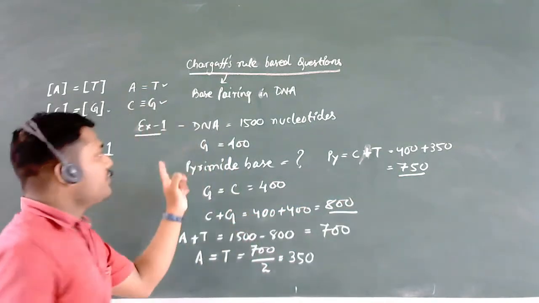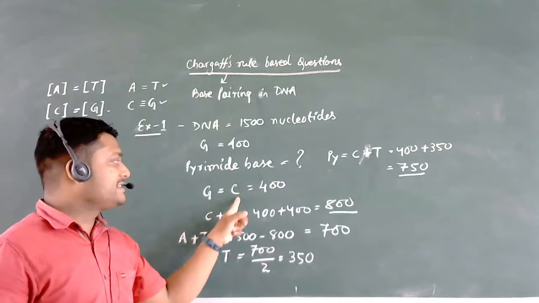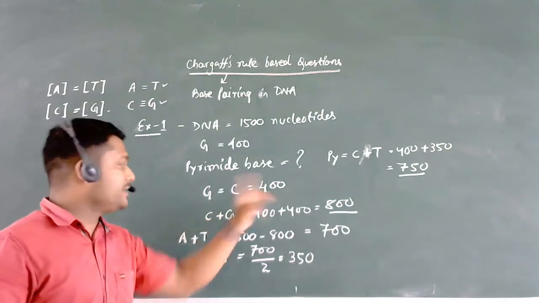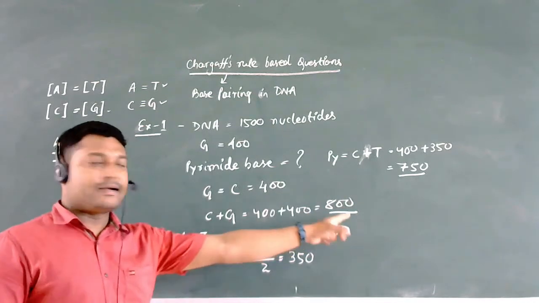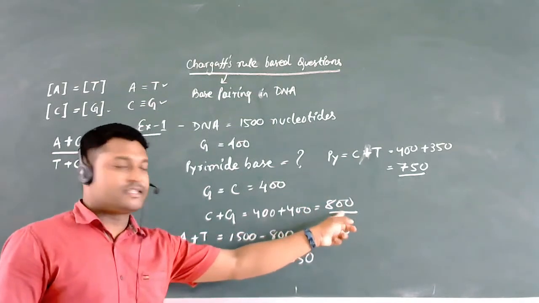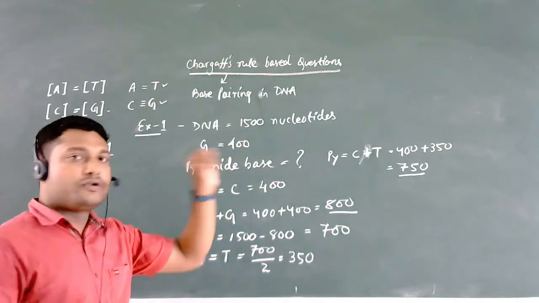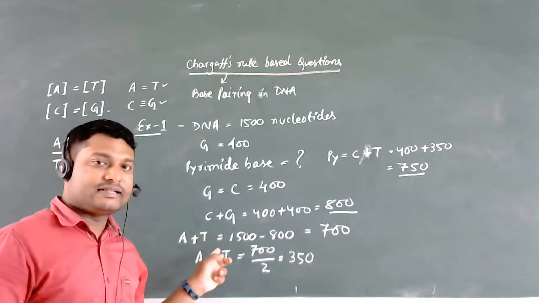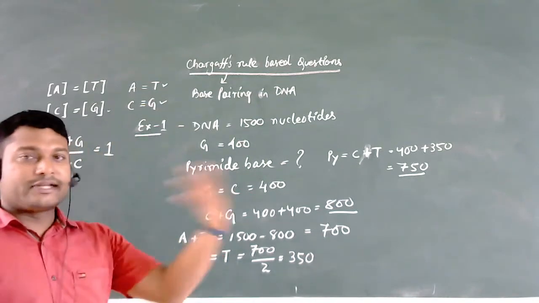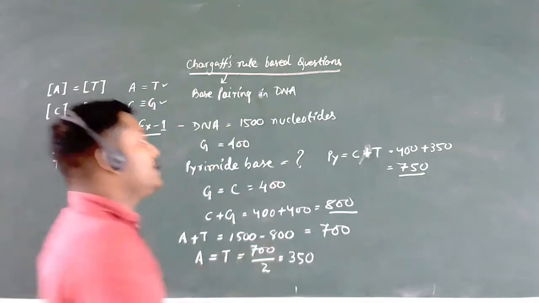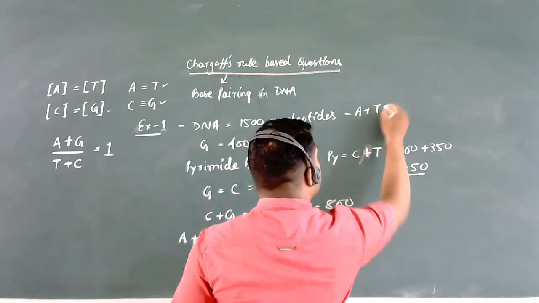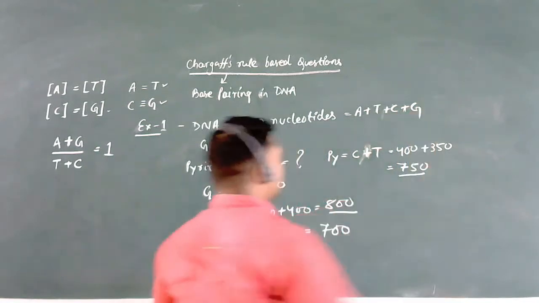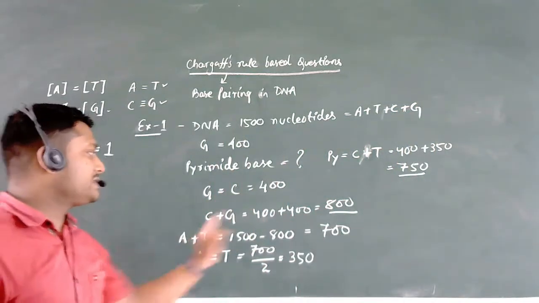So very simple. First we find out the value of C, because G is equal to C, 400. Then we find the value of C plus G equal to 800, and we remove this value from the total number of nucleotides to find the value of A plus T. Because the 1500 is equal to A plus T plus C plus G. So once we get that, A plus T is 700.